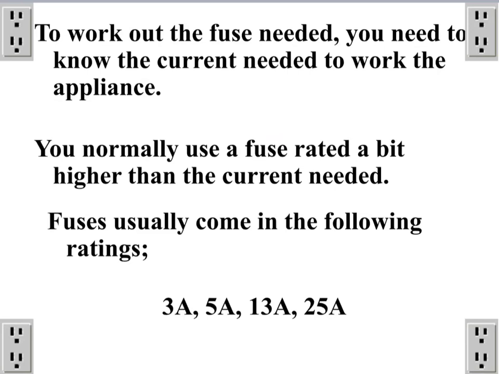If you pick a fuse that is lower than the current needed, then the fuse will break before your device can work. If you pick a fuse which is a little bit higher, then your device will still work, but if there is a surge of current, then the fuse will break and then make it safe.